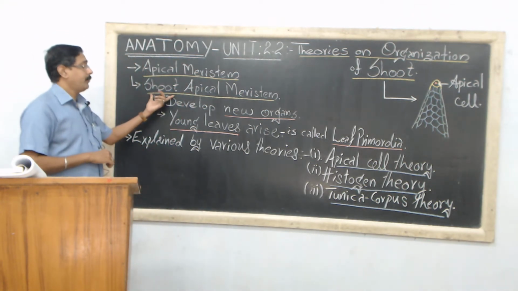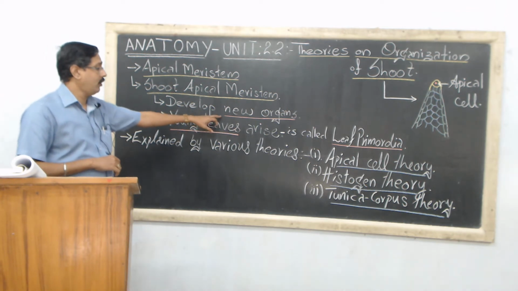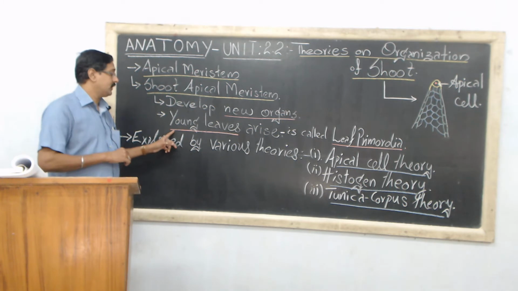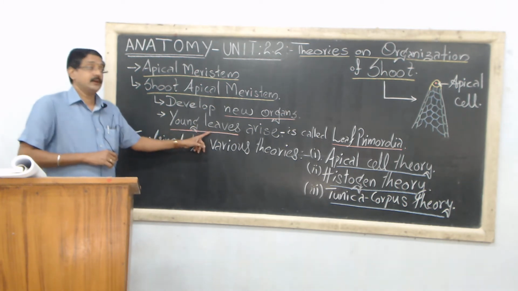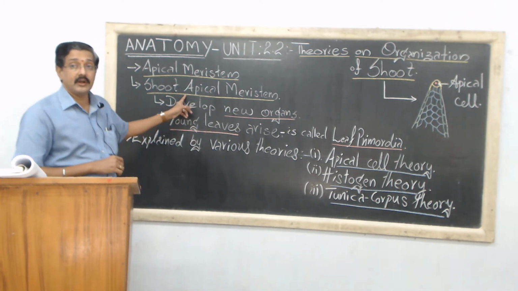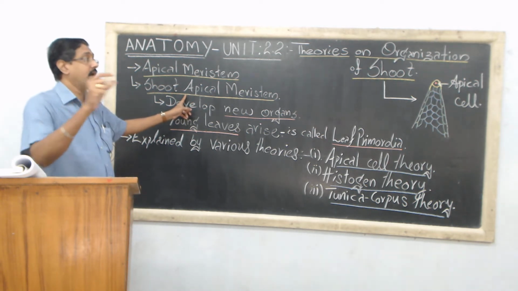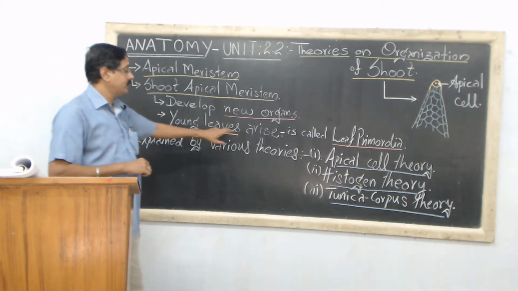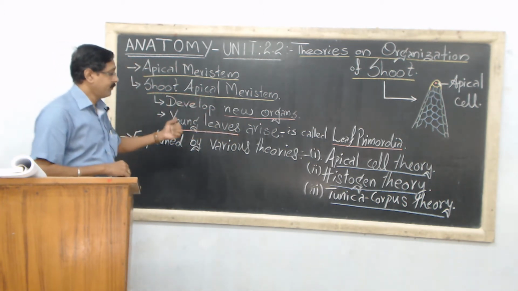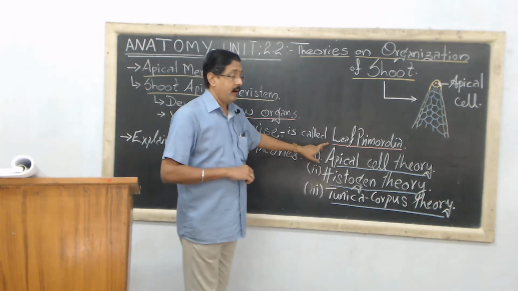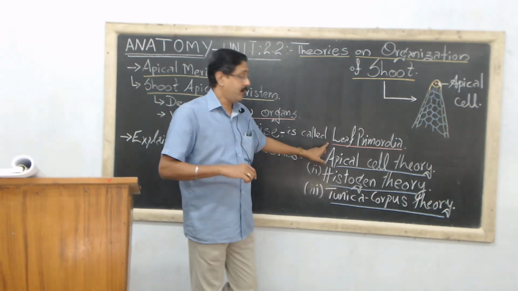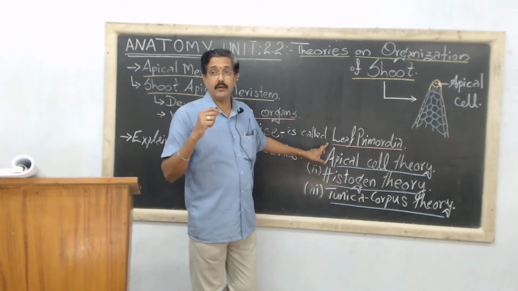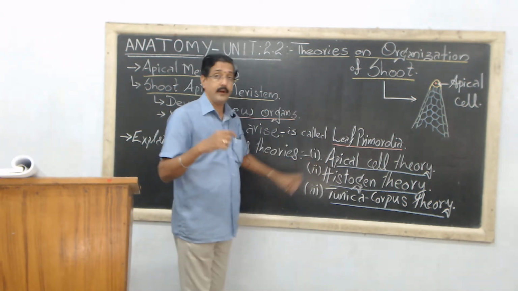From the shoot apical meristem, it forms new organs, such as the first formed organs, young leaves, which arise from this shoot apical meristem. It is part of the organization of shoot system, and the young leaves which arise from the apical meristem are called leaf primordia, and later the well developed or differentiated leaves are produced.